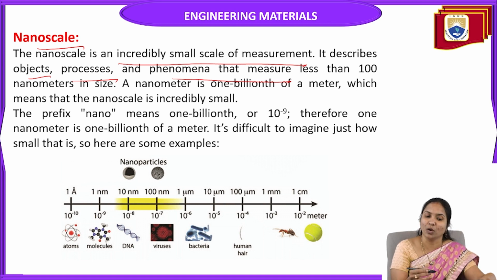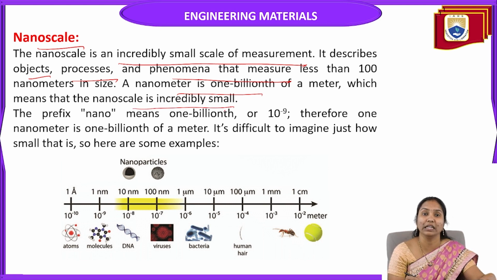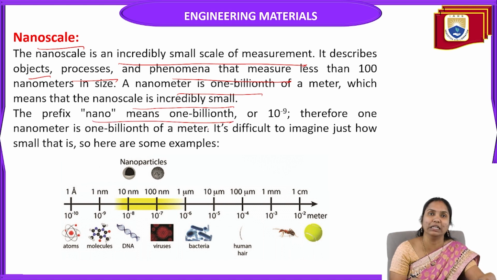We already know that a nanometer is one billionth of a meter, which means that the nanoscale is incredibly small. The prefix nano means one billionth, that means very small, equal to 10 to the power minus 9 meters.